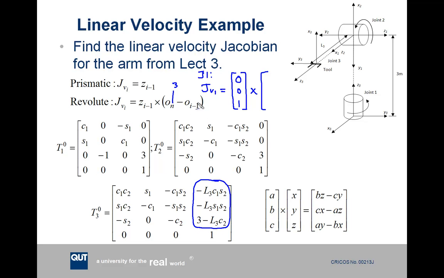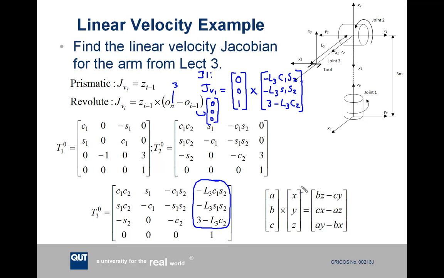And O i minus 1 is the original reference frame, which is just 0, 0, 0, because the original reference frame is at 0, 0, 0 compared to itself. So it's just going to be negative L3 C1 S2, negative L3 S1 S2, and 3 minus L3 C2.